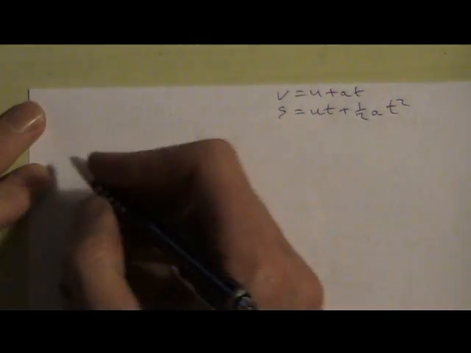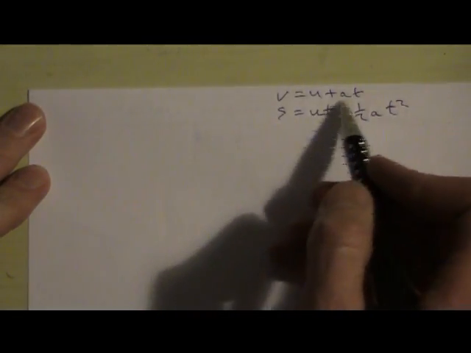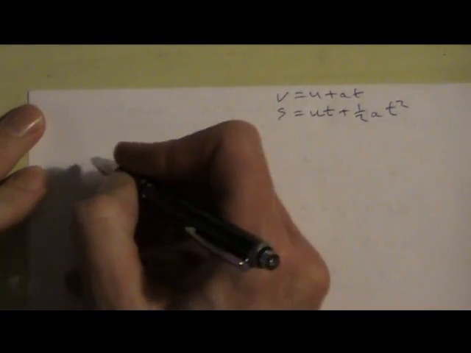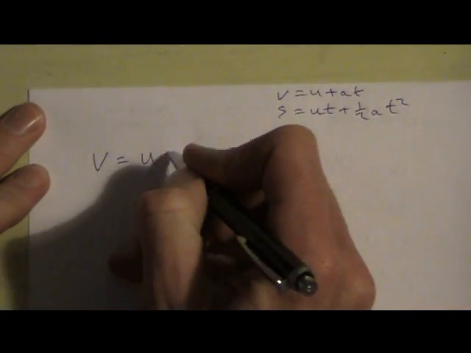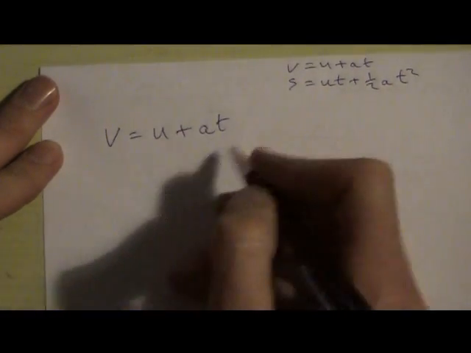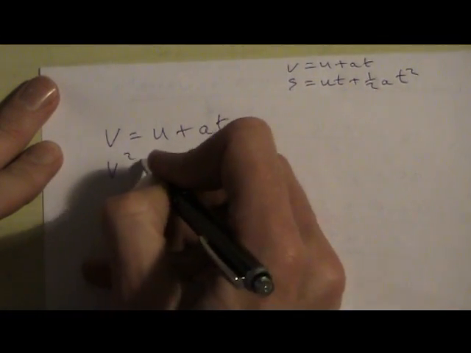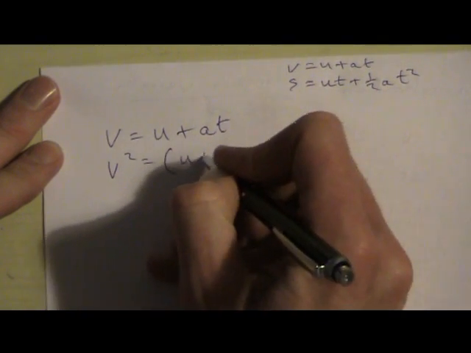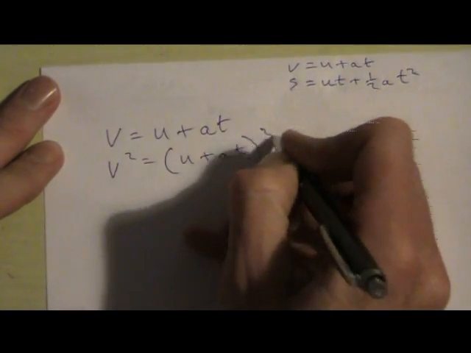Okay, and the last equation, we start with the very first equation that we derived, which is this one here. So v equals u plus at. We simply square both sides, so that becomes v squared equals all of this here squared.